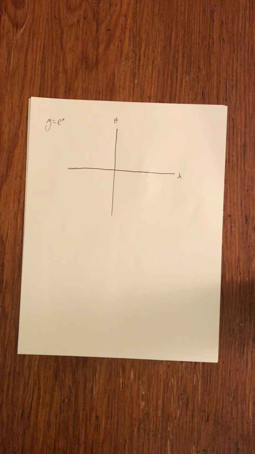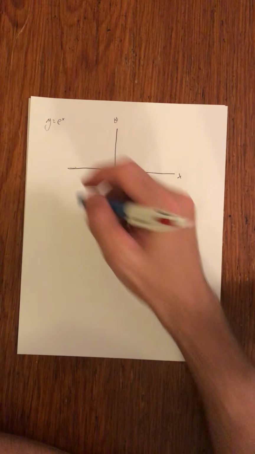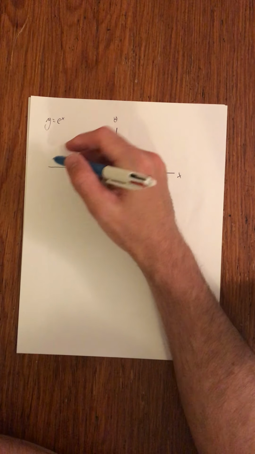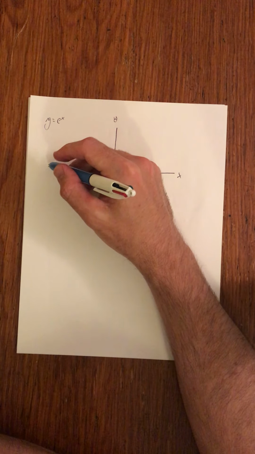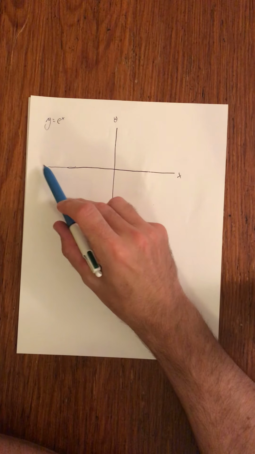So what do I know about e to the x? Well, I know it's got a horizontal asymptote, and that horizontal asymptote is at y equals 0. E to the x is never negative. What else do we know? Its value increases all throughout its domain. I can also talk about end behavior. Asymptotically, this thing approaches 0 with the negative values, but never gets there.